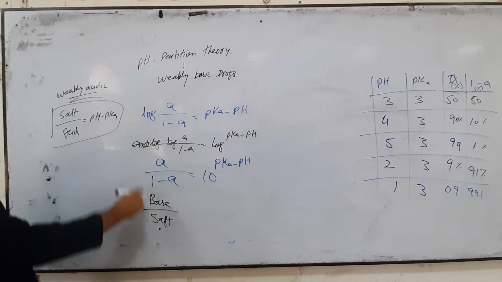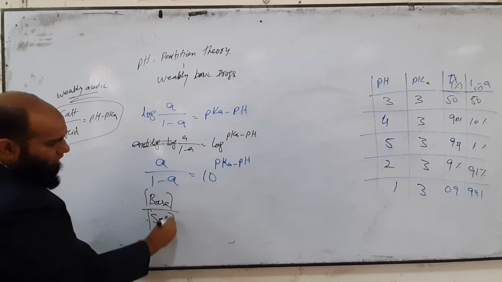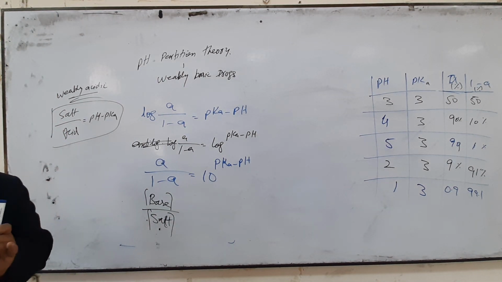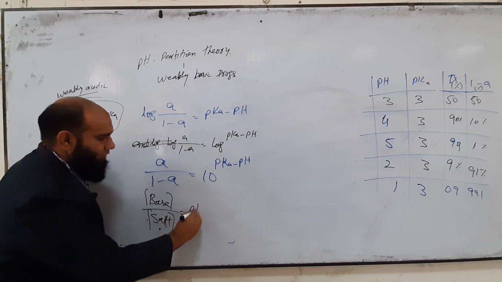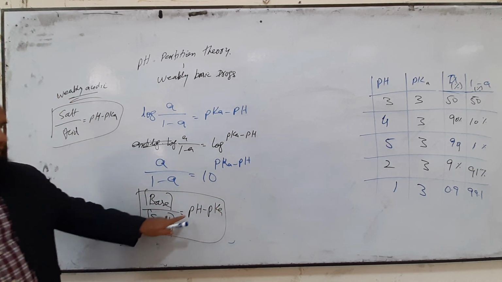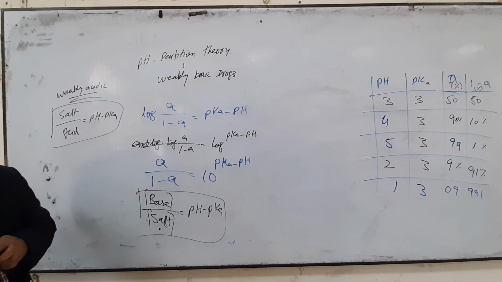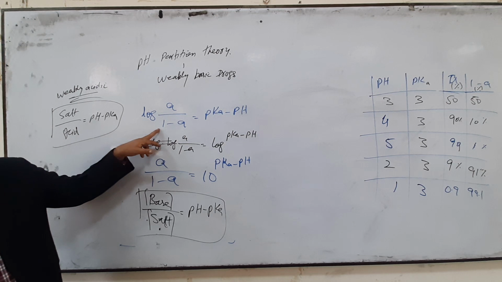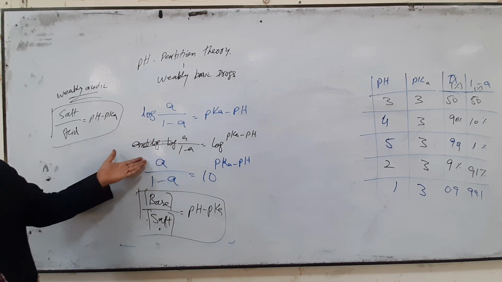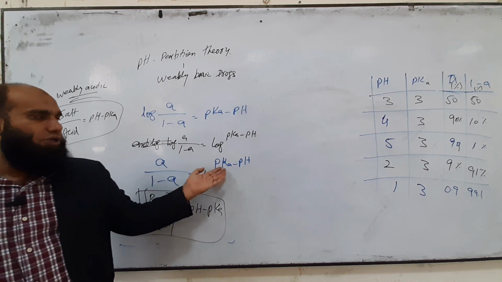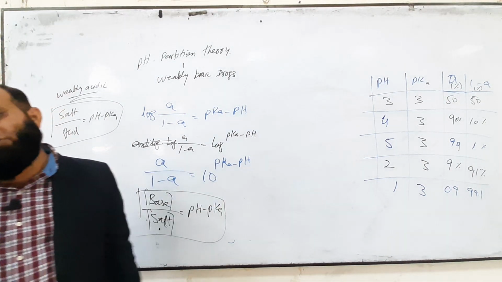But in case of weakly basic, we divide the concentration of base by the concentration of its salt, equal to pH minus pKa. Same scenario, but we have changed this. It means we can also change the ionized and unionized formation. We can write unionized divided by ionized, then our value will be 10 power pH minus pKa, and the value will be the same.